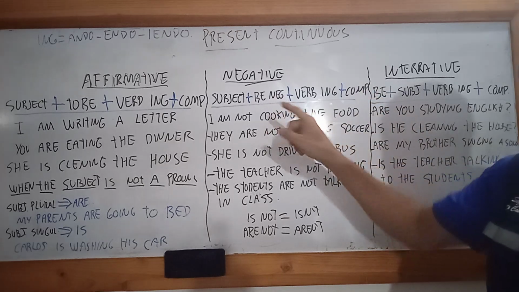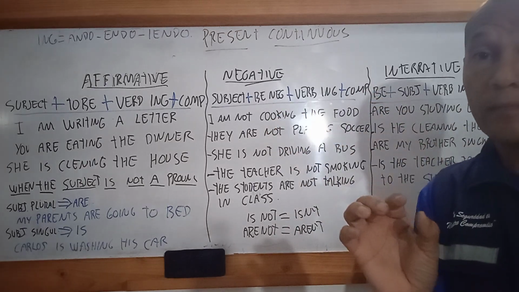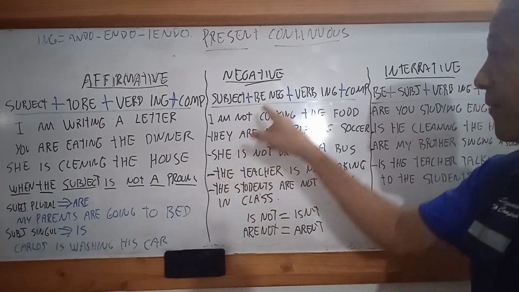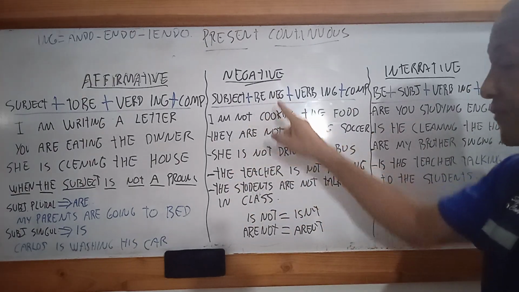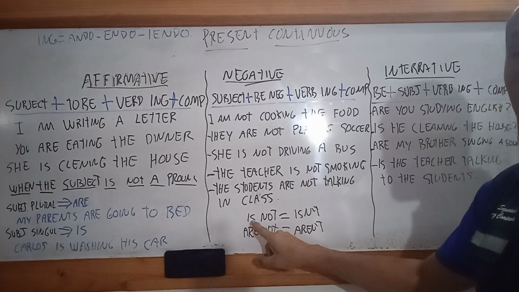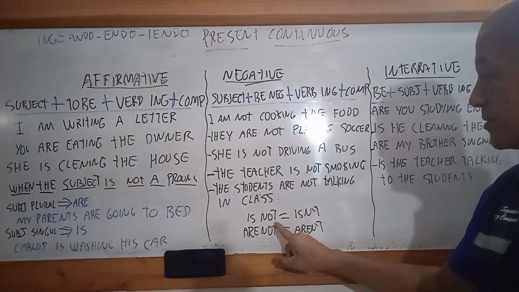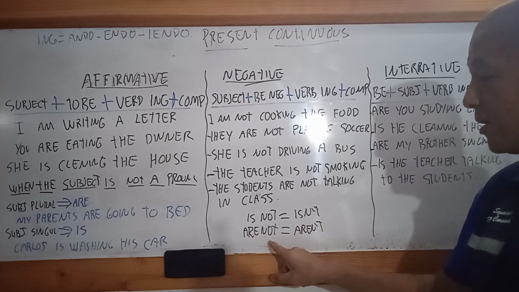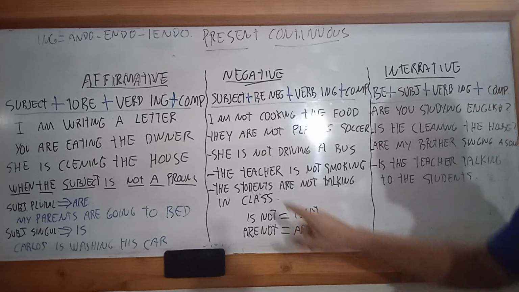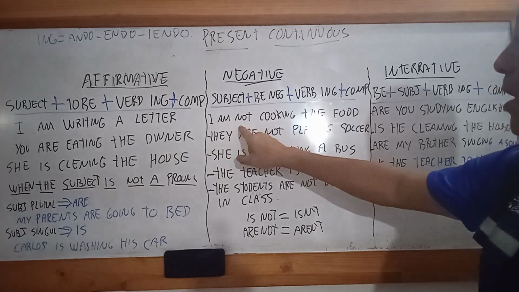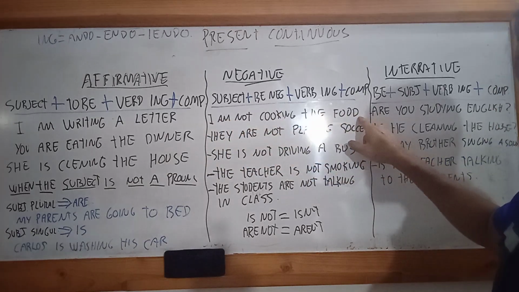In this case, the negative form is represented by the verb to be. So you have to know that the negative form of the verb to be is: is not or isn't, and are not or aren't. For example, I am not cooking the food.